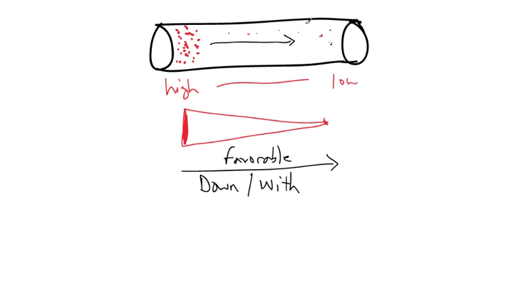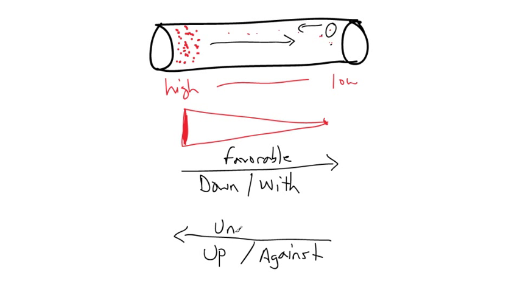If, for instance, I want to take this molecule and move it back up to the region where it's very high in concentration, we call this going up the gradient or against the concentration gradient. This is unfavorable, and it typically will require energy.